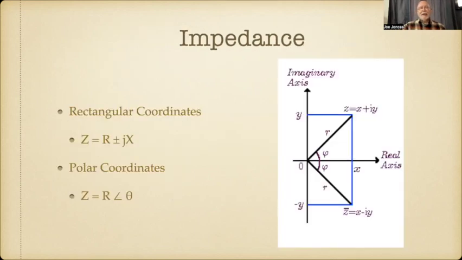So here's impedance. Notice we've got rectangular coordinates, and that is from here to here and from here to here. So here's X plus jY, that's rectangular.